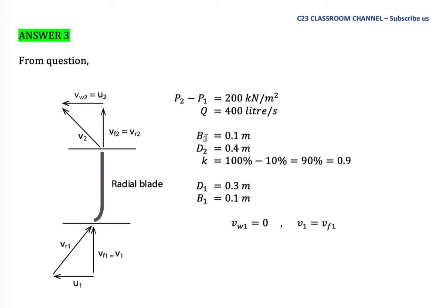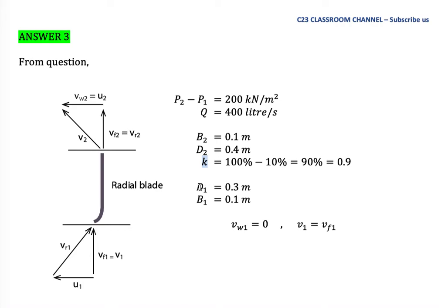So, we have B2 with the width of blade, D2 diameter at outlet, and we have K. And then we have diameter at inlet and blade width at inlet here. And then we write down V whirl 1 is equal to 0, then V1 is equal to VF1 to help our calculation.